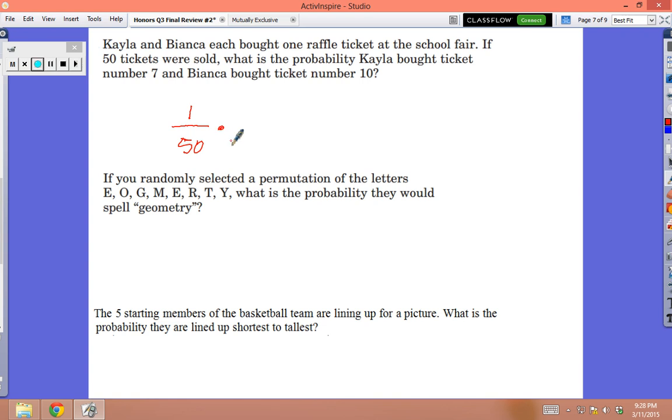But now Bianca goes next and she has to get a 10. There's only 1 10 in there, but now there's 49 to choose from. So, if we do 50 times 49, there's only 1 chance out of 2,450 that Kayla's going to end up getting the 7 and Bianca's going to end up getting the 10.